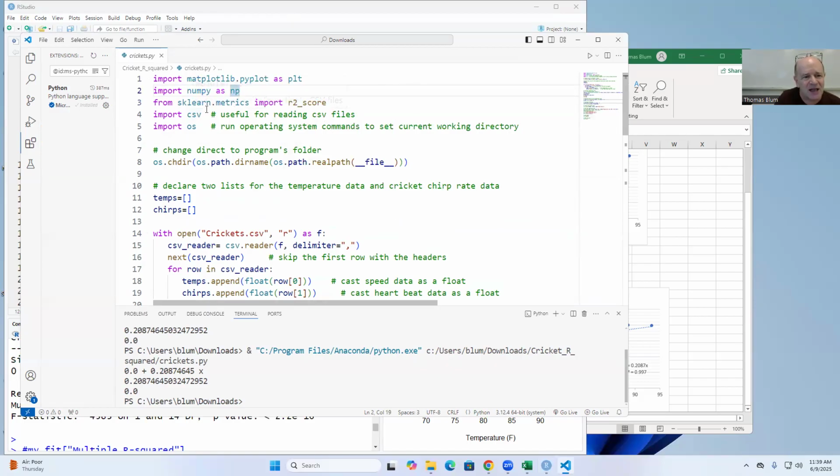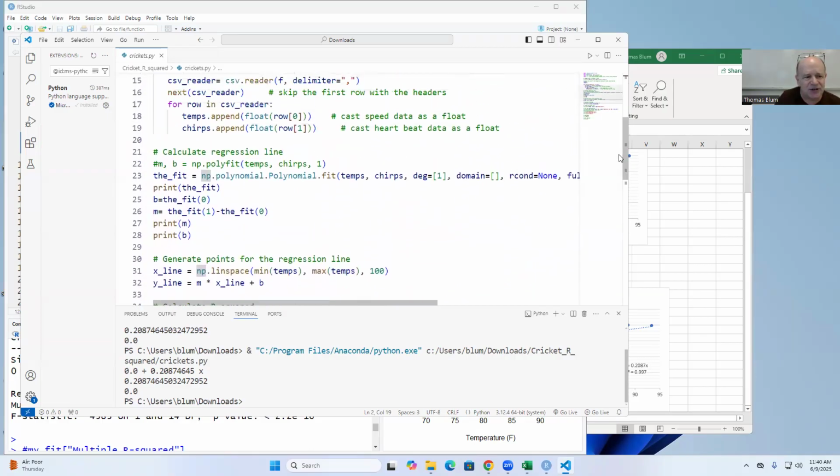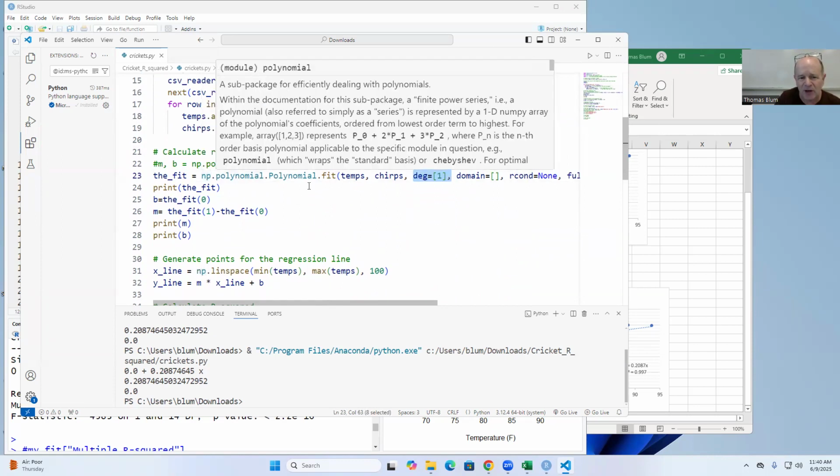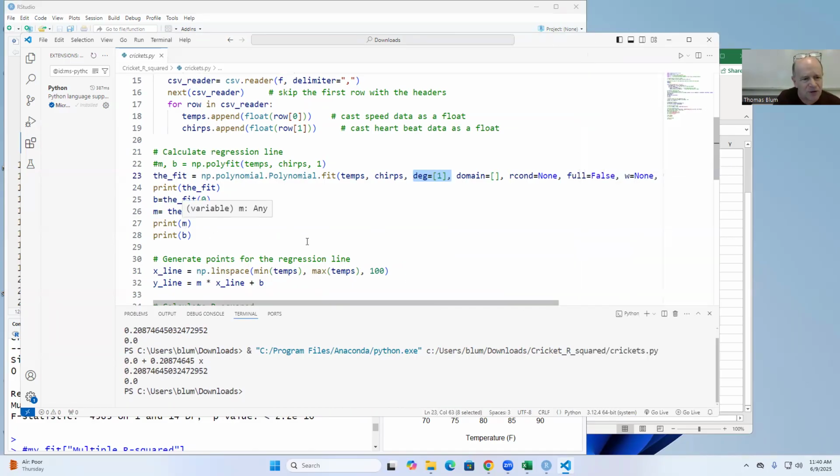So I was bringing in these libraries and made the same plot and did the fit. And here is the fit, setting this degree 1 here in np.polynomial. And I'll make all these files available in a link in the comments in case anybody wants to look more closely at them. But this set the constant to 0.